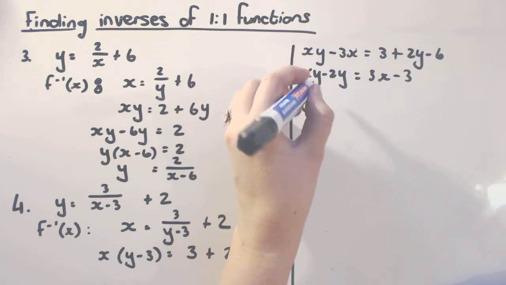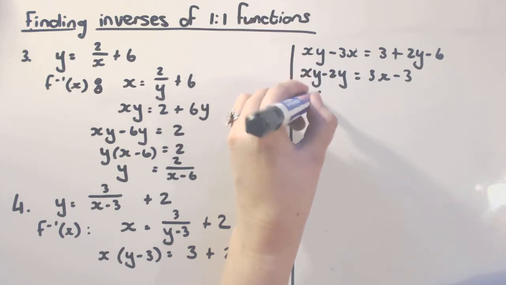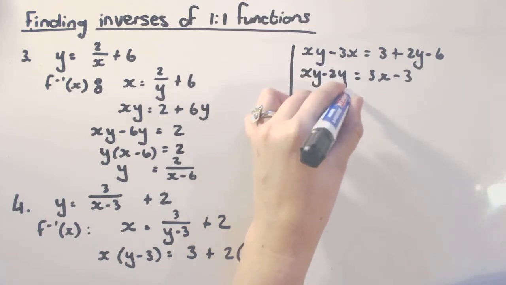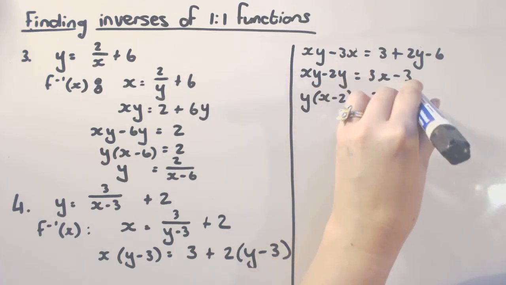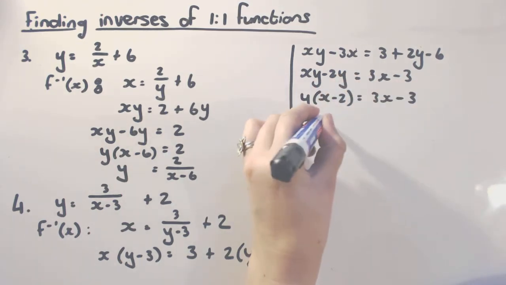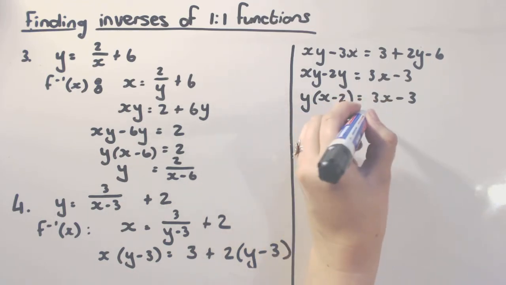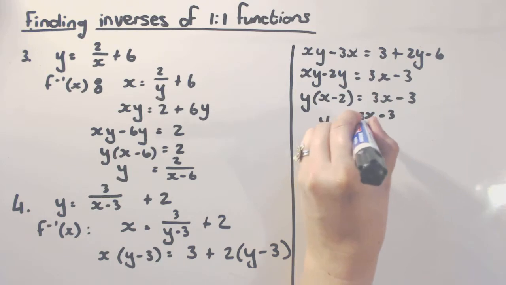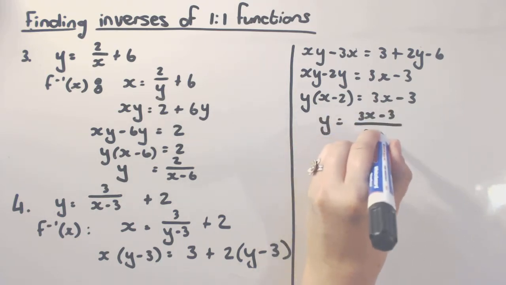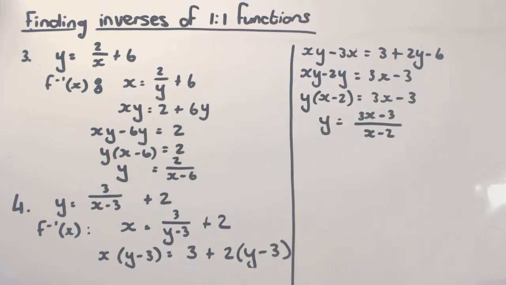And then this is y times x minus 2 is equal to 3x minus 3. And then if I divide by x minus 2, I've got 3x minus 3 divided by x minus 2.